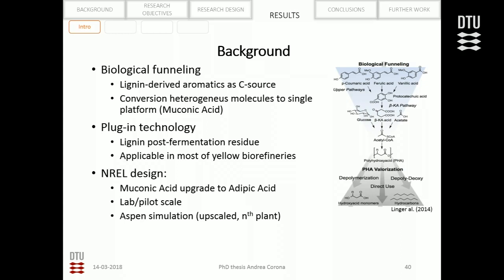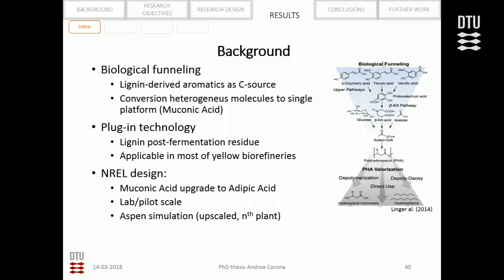This is the reason it's called funneling. And from this intermediate product, through different upgrade processes, different types of products can be made. This can be seen as a plug-in technology because it can take more or less any type of lignin post-fermentation residue, and it's thereby applicable to most of the yellow biorefineries.